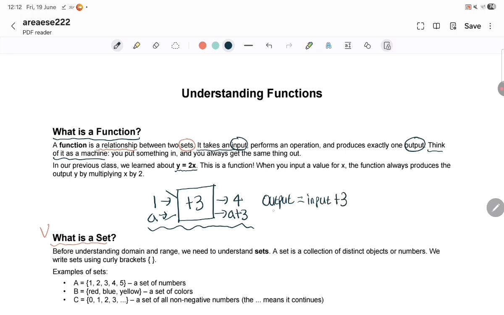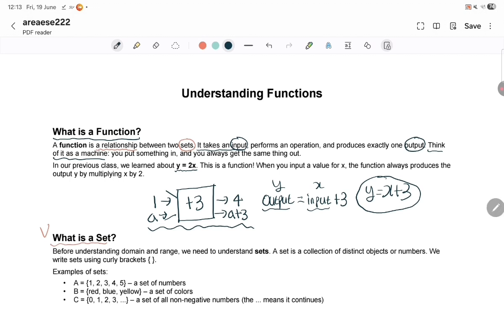Usually we use y for the output and x for the input. So y equals x plus 3. So we just learned another function, y equals x plus 3. You just add 3 to the input, and you get the output.